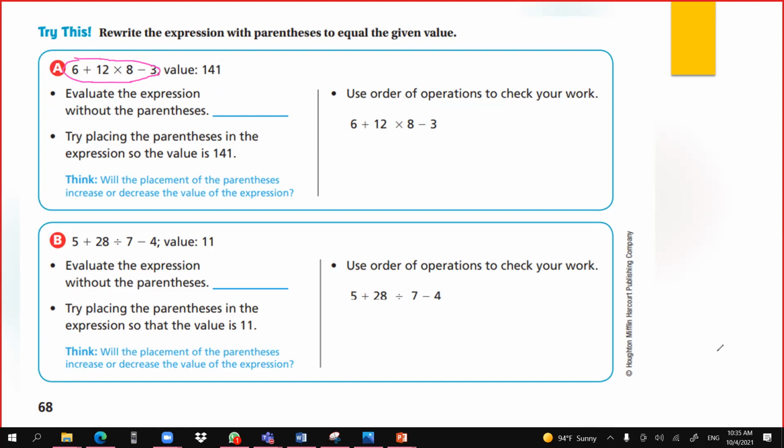Yes. Here we have 6 plus 12 times 8 minus 3. So we're gonna first multiply. Bravo. 12 times 8.